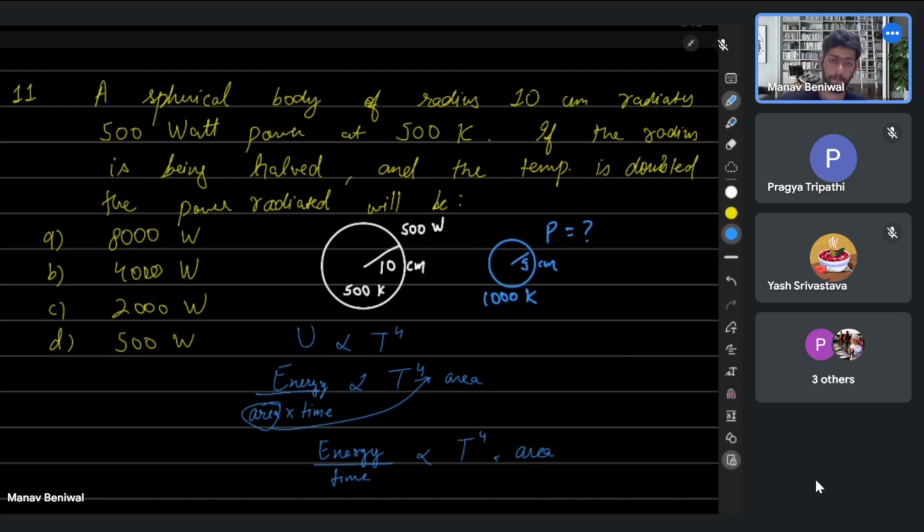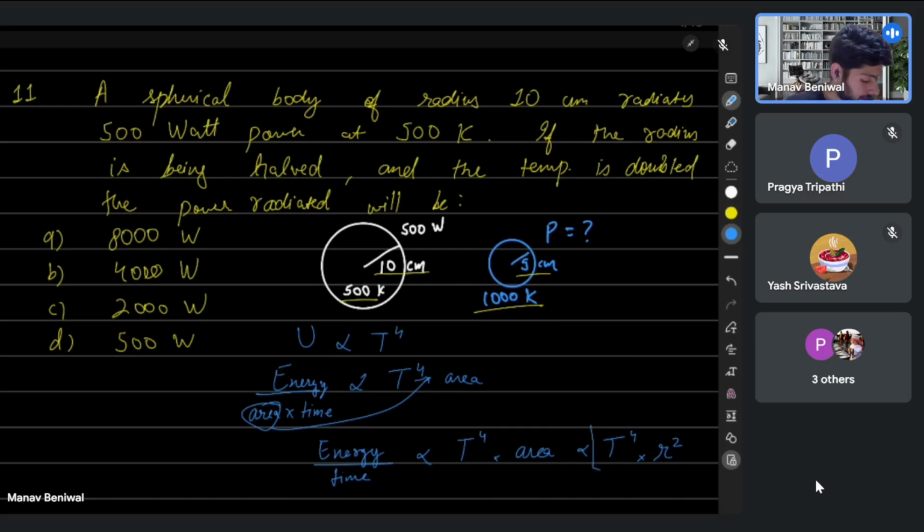Is this clear? Now we have temperature for both the cases, right? We have 500 Kelvin and 1000 Kelvin, and we have area for both the cases because we have the radius. Or we can even simplify this area, and instead of area we can write proportional to T to the power 4 multiplied by r squared, because area is 4 pi r squared, right?